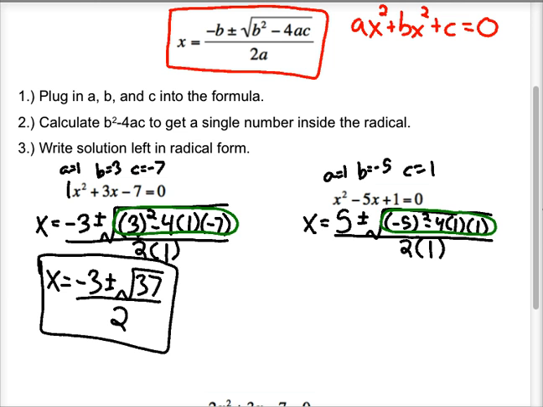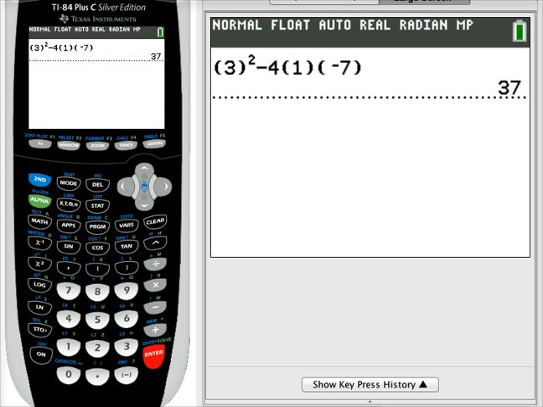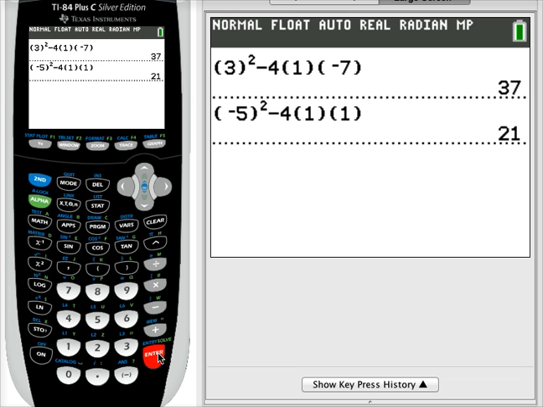So I'm going to type that into my calculator so I can get a single number inside my radical. So b squared minus 4 times a times c. If you type it in just like that, hit enter, and you will get the right answer.